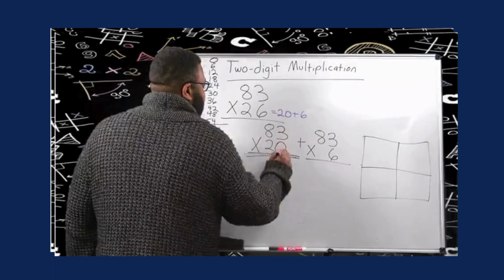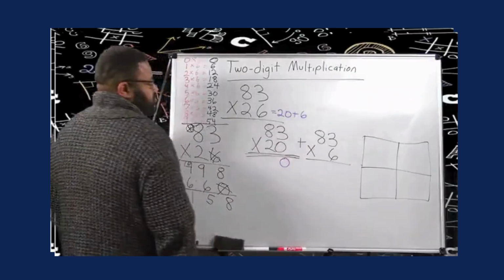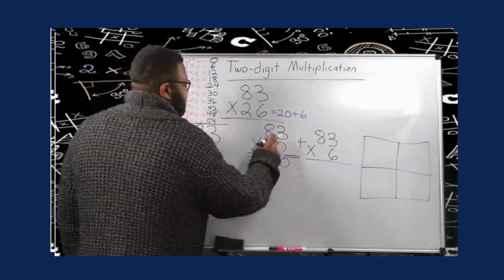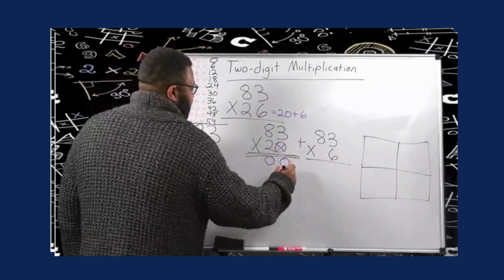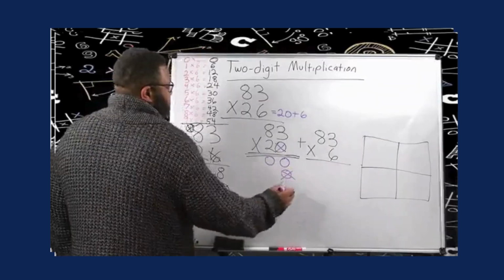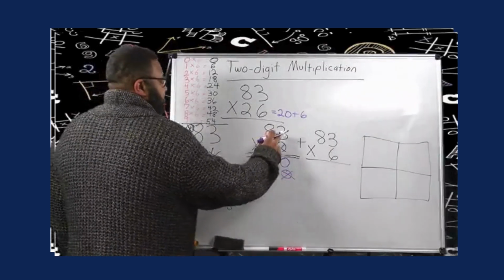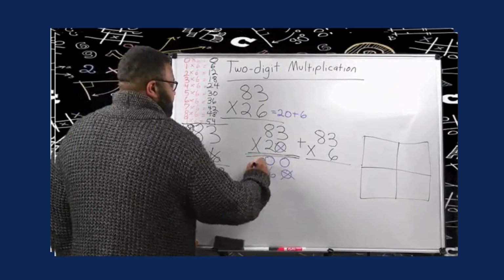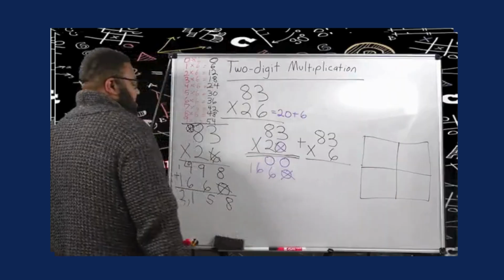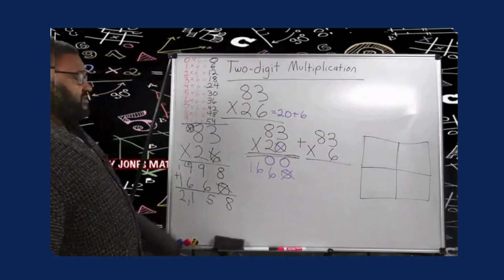So what I'm going to do right now is I can go here. 0 times 3 is 0. 0 times 8 is 0. I cross this out here, put a placeholder here. 2 times 3 is 6. 8 times 2 is 16. Mr. Jones, that looks like it was over there. Correct.